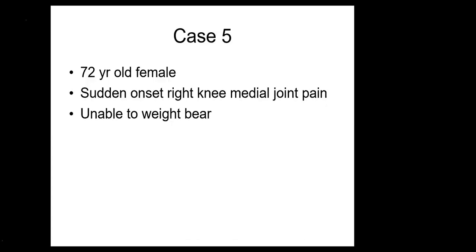The history is very important. If you read the history, it's sudden onset right knee pain, medial joint space. Osteochondritis dissecans is not a sudden knee pain. It's AVN of the articular surface of the joint, which happens over weeks and sometimes even months before the patients present with knee pain.